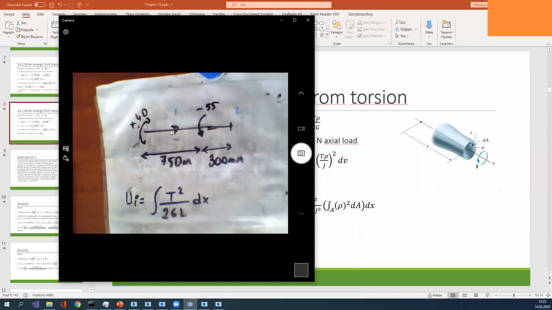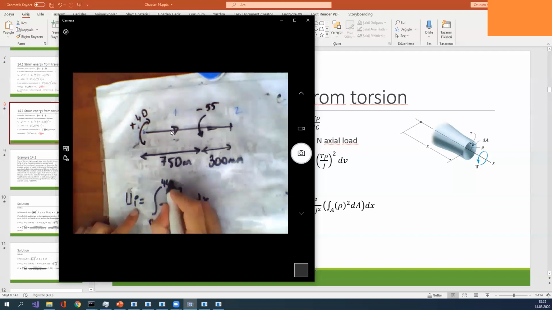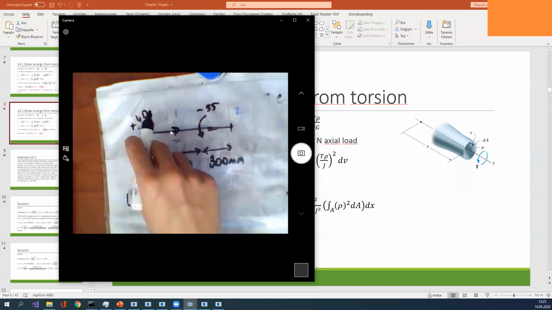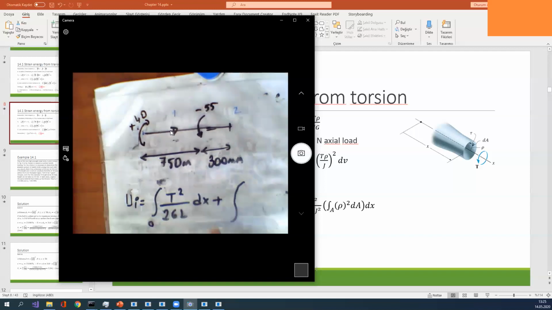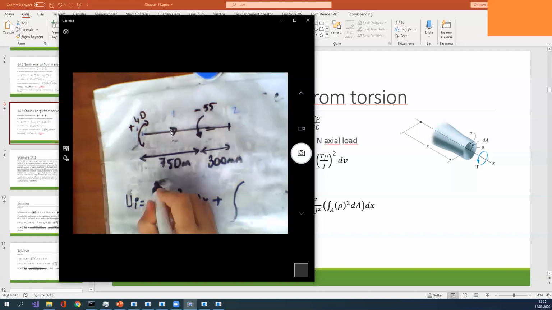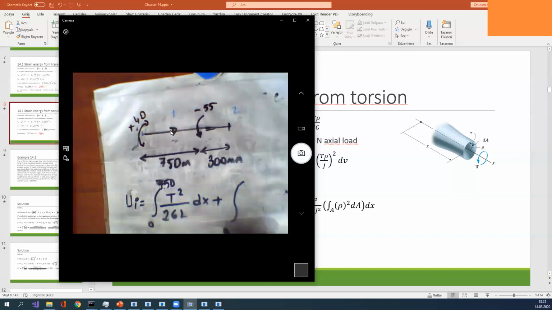For example, this is a starting point, from 0 to 750, where T is equal to... So this value is 40, and also from 750 to 1050, also T squared over 2GJ dx.